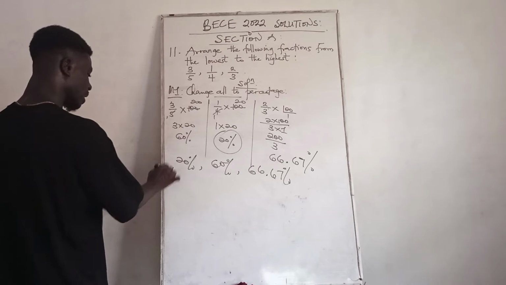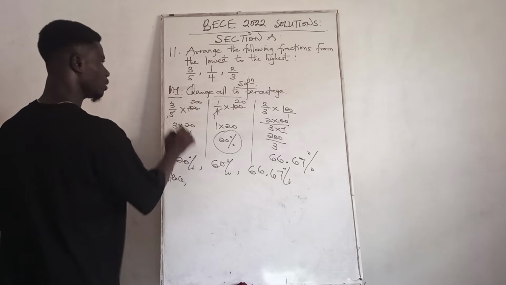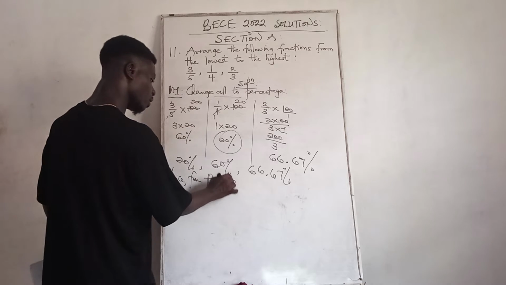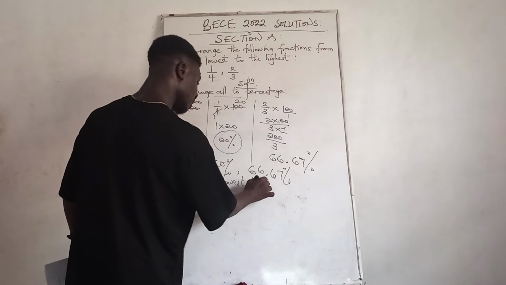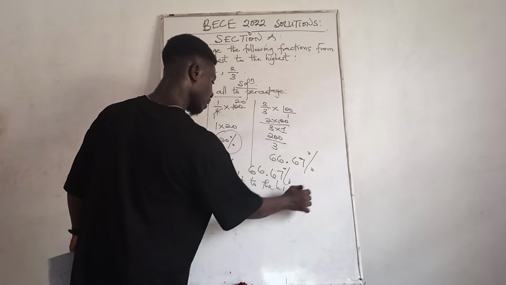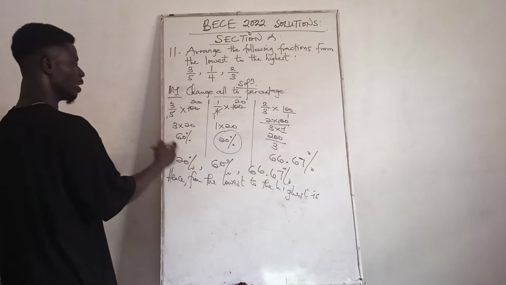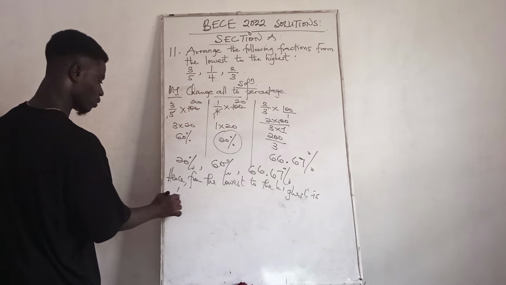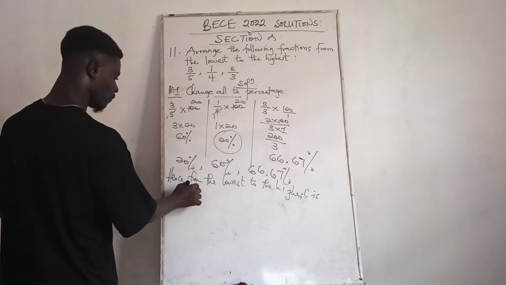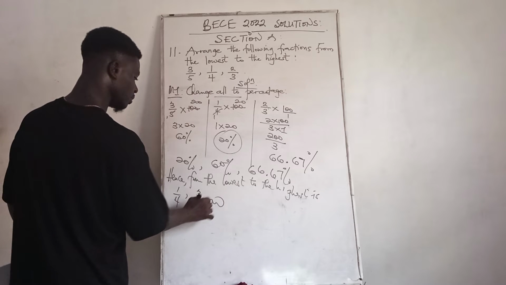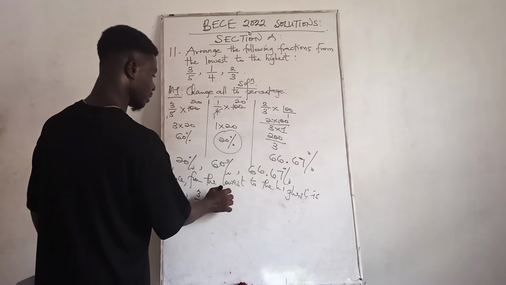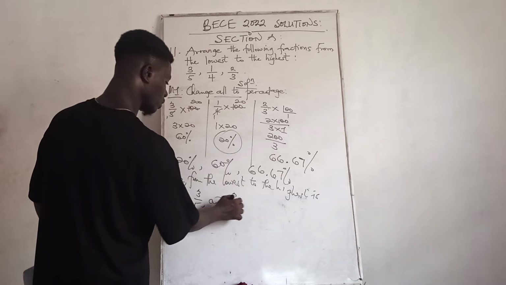So you can see that, hence, from the lowest to the highest: the lowest percentage is 1/4, then 60% is 3/5, and 66.6%, or 67%, is 2/3.